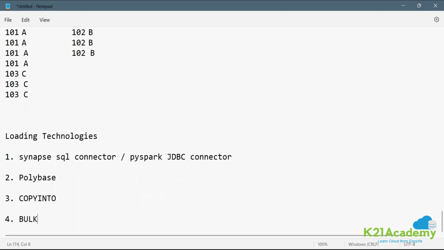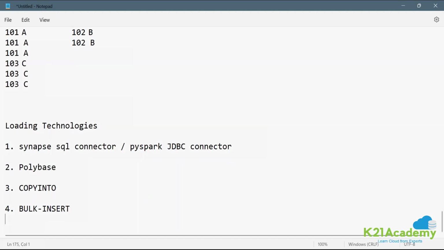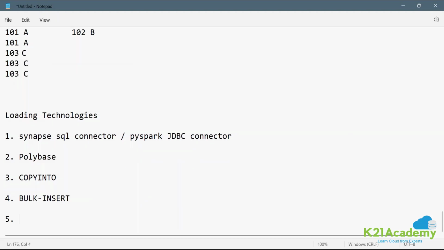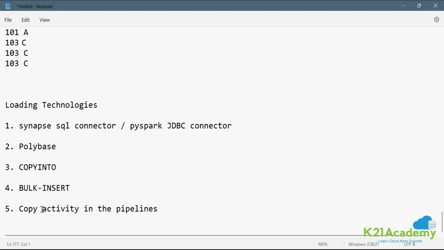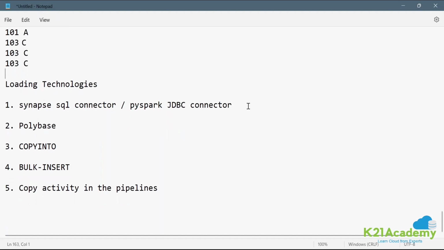Bulk insert is also there, which is beyond our discussion, but in case someone wants to do that, you can. And the last one is copy activity in the pipelines. These are the five loading technologies. This one we had seen in module 4, the previous module.